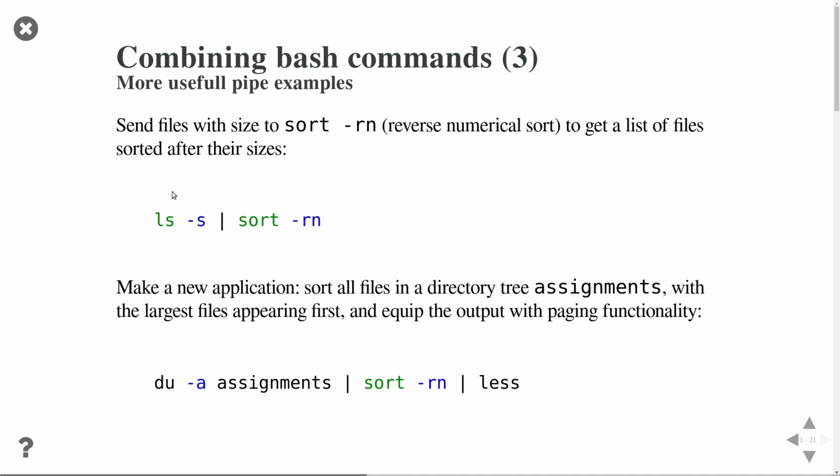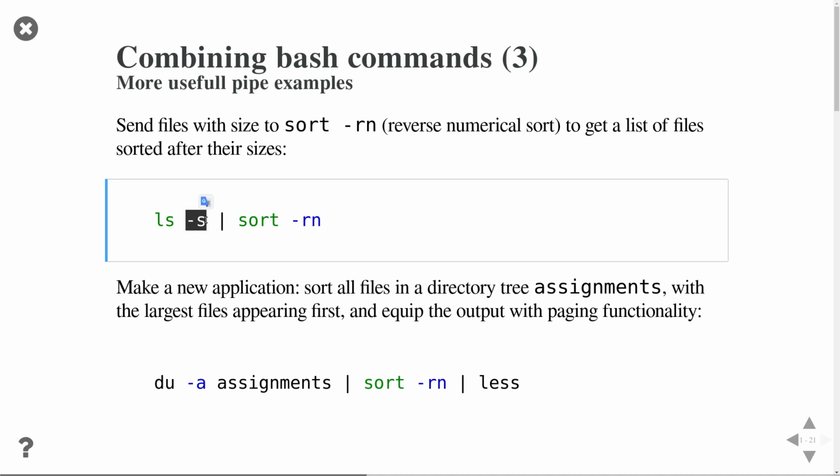And the way you do that is you list the files again with the ls command. In this case, I use the -s argument. By using that, the first column will show me the file size. So now I have all the files, and in the first column, I have the file size.